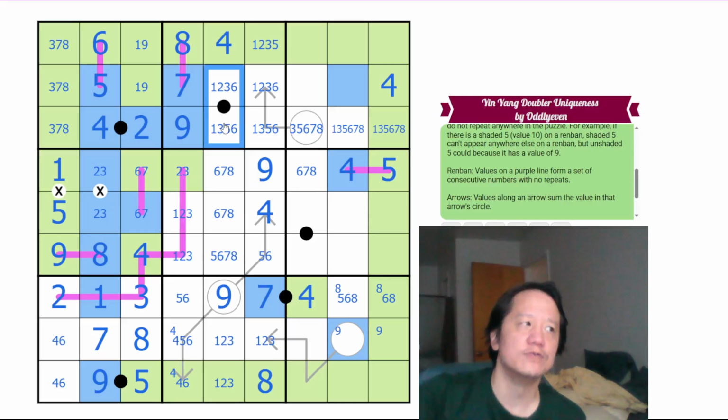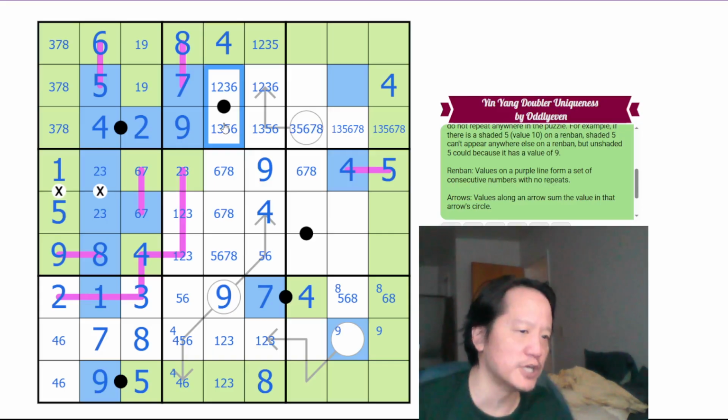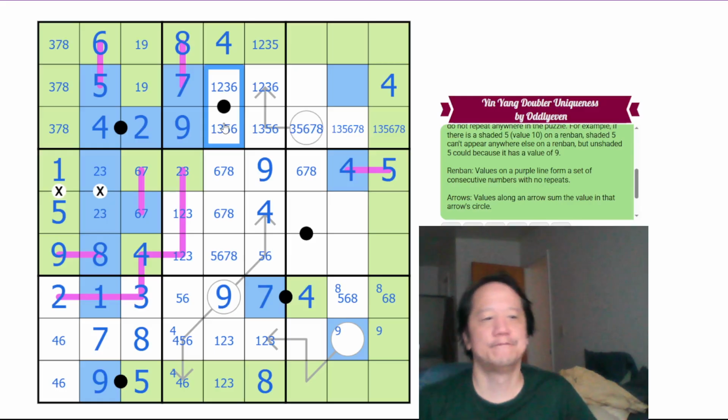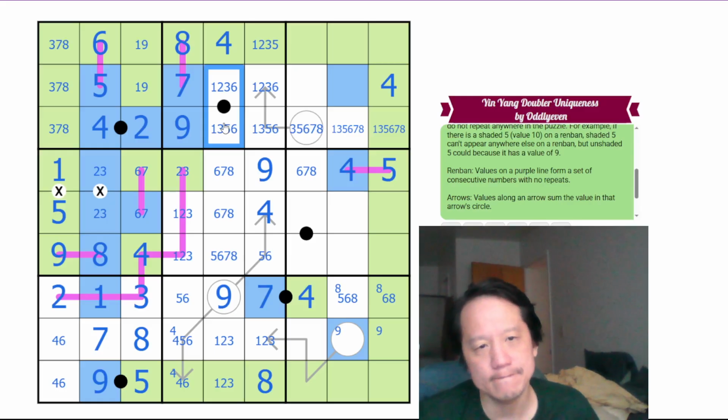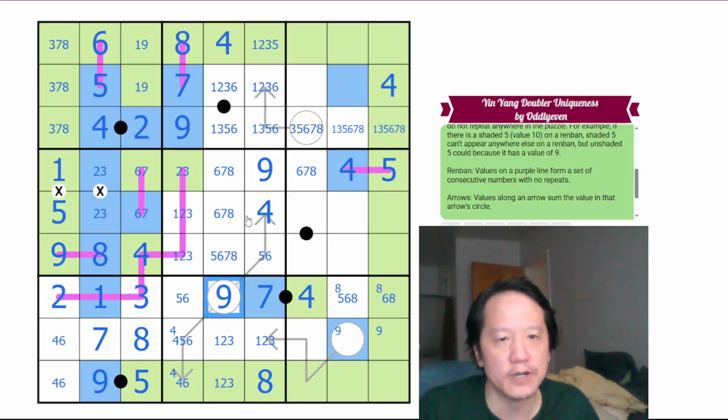So that removes 1 and 2 as a possibility, because both 1 and 2 would have to be shaded for that to work. Let's just continue with what these are. 4 can't be on the arrow anymore.